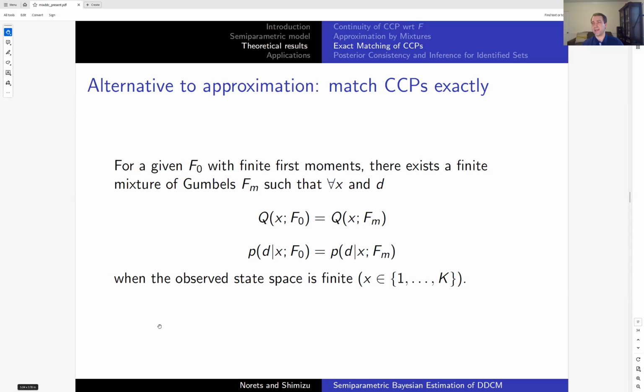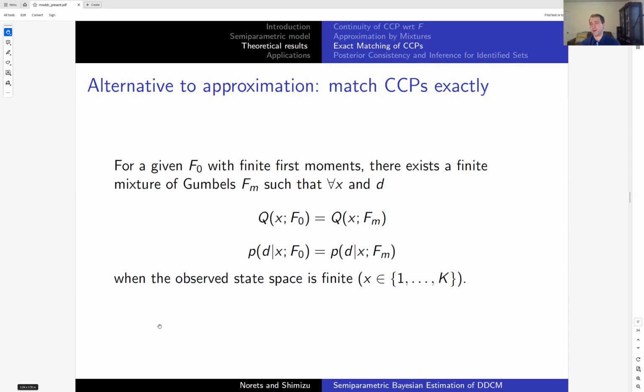So basically only a finite number of characteristics of F will determine the solution to the dynamic program. And hence, mixtures are pretty flexible, have lots of parameters. So it turns out that not only can they approximate with some arbitrarily small error the distribution of epsilons, but they can also approximate exactly this finite number of characteristics of the distribution that are essential for the dynamic program solution, and they can match them exactly.